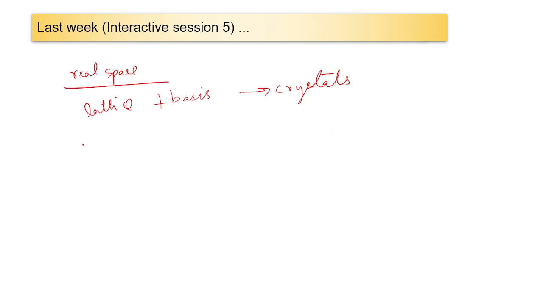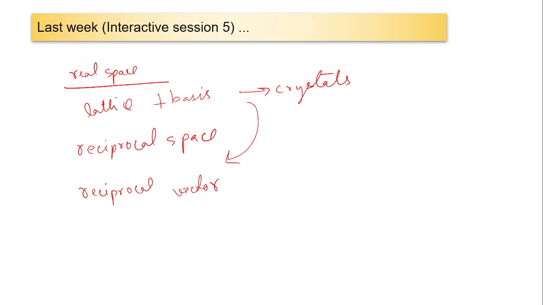Then we switched to another space that we know as reciprocal space and had seen how we can get the reciprocal vectors from the translation vectors of real space, and what the relation between them is.